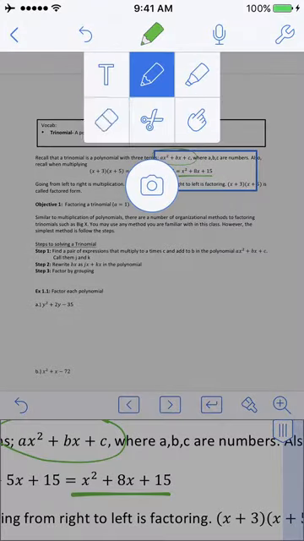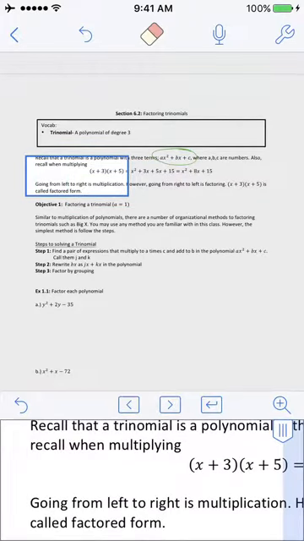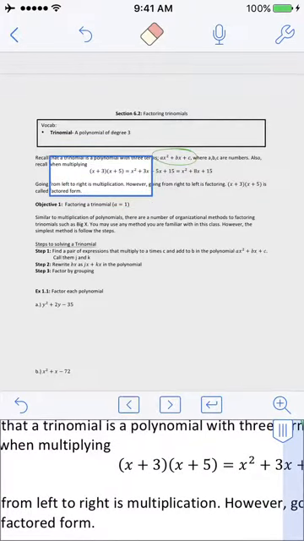Before we get there, though, let's remind ourselves how multiplication of polynomials works. So let's go back to this beginning here. We've got x plus 3 times x plus 5, right? And recall I said there's a multitude of organizational ways you could do this, but what it boils down to is distribution property, right?